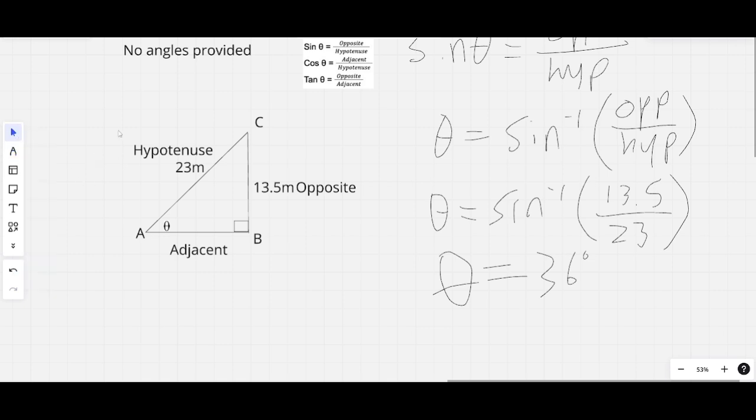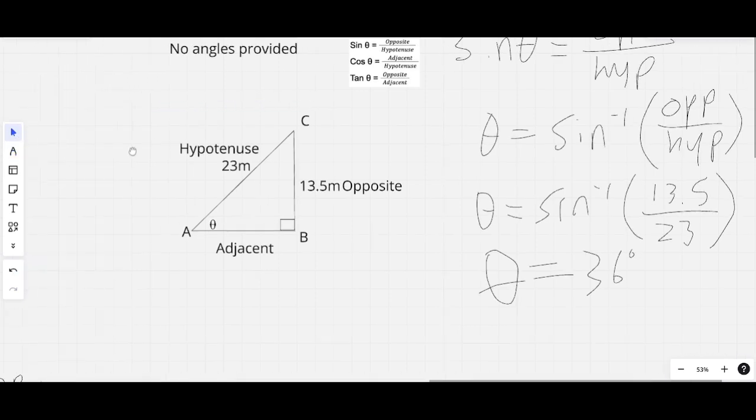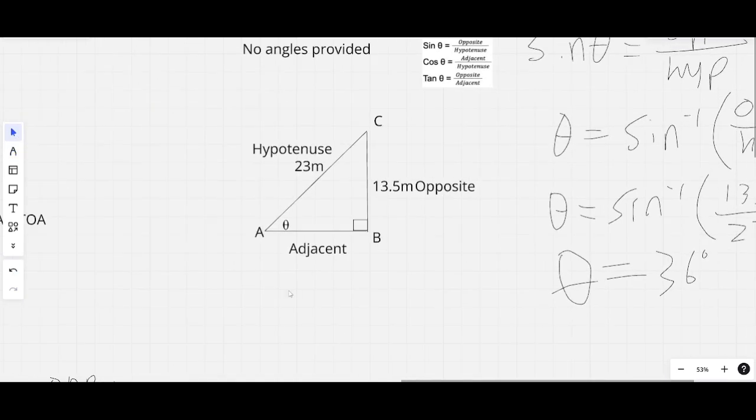Now, I want to go over a brief concept with our opposite and adjacent. Of course, not all the time that we're going to have our setup like this. Sometimes side AB might be our opposite, or side BC might be our adjacent. It really all depends on the specific angle that you're looking at this triangle from.